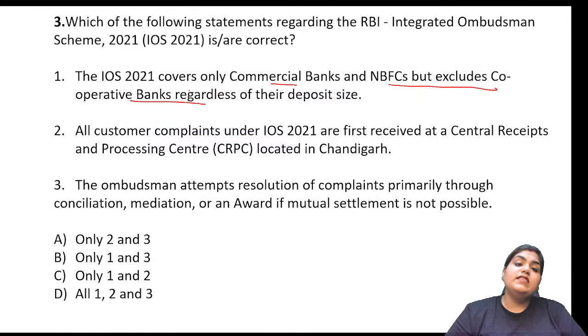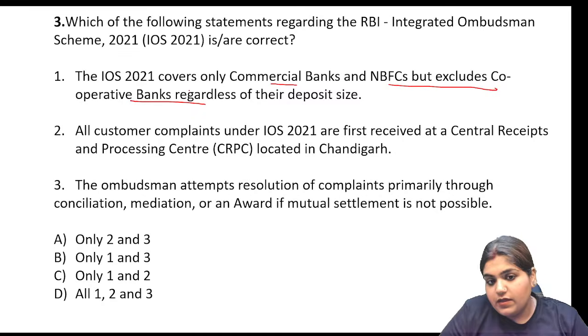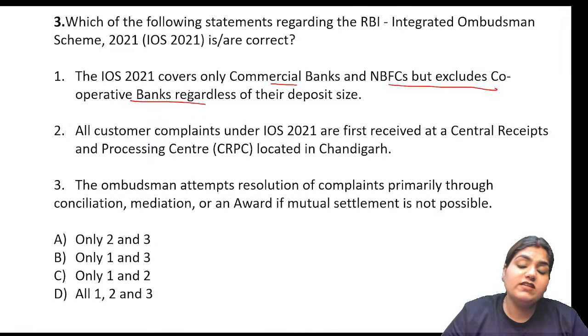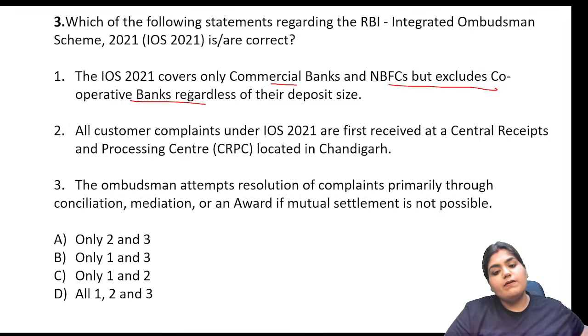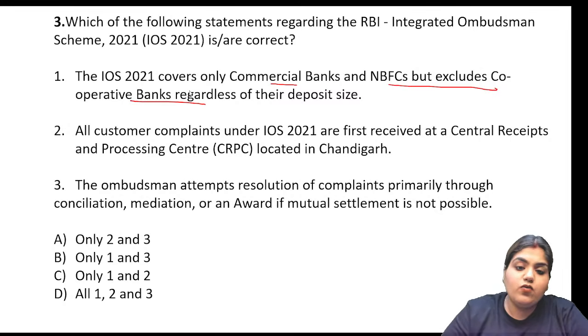Cooperative banks with a deposit size of 50 crore and above can come into the scheme. Those with a deposit limit below 50 crores cannot. So statement number 1 is incorrect, 2 and 3 are correct. That gives us A as the correct answer. Very good, Sushil ji.